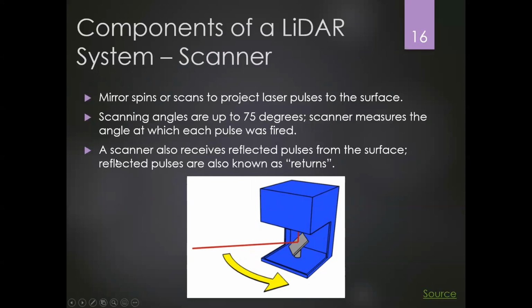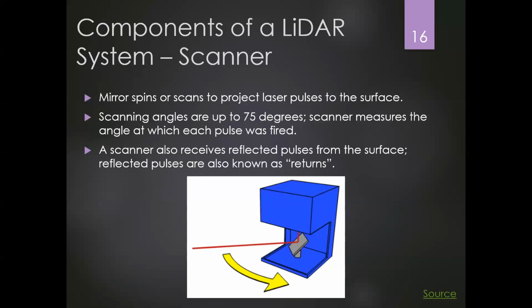Okay, and the scanner also receives reflected pulses from the surface, and reflected pulses are also known as returns. Yeah, it's obvious, right? Reflected signals, they are returning from the ground. So each reflected signal is a return. And later you will see that each laser beam can have multiple returns or single return.